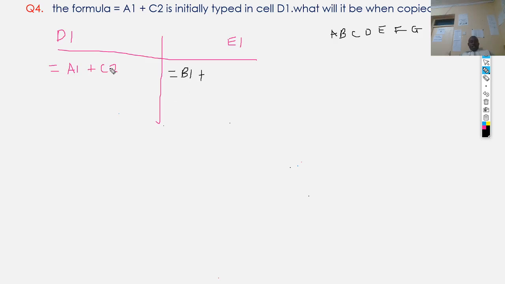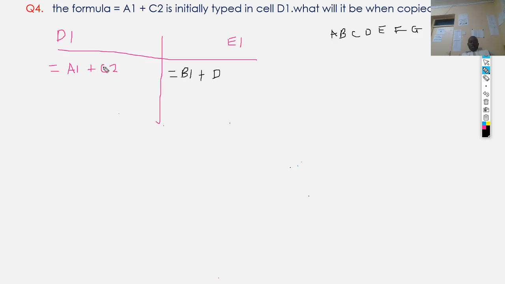Now you deal with the C. It was D to C. So from D it moved to C, it moved 1 step. So at E, it will also move 1 step backward to get to D. What about the number?